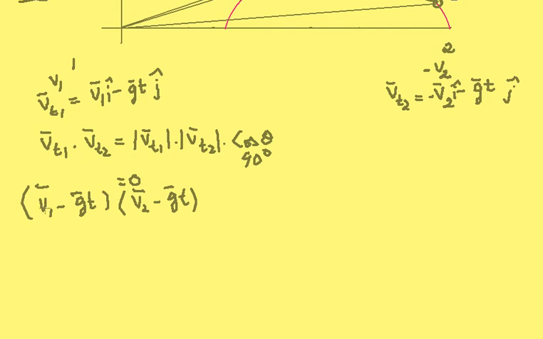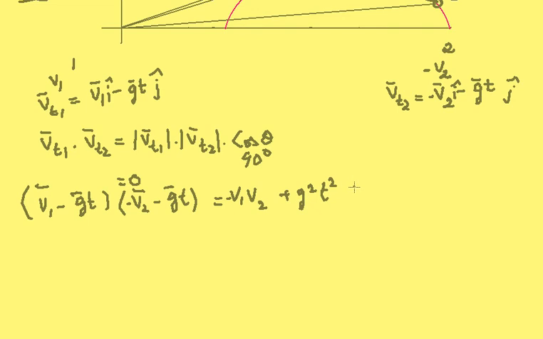So multiplying as per the cosine law, only the same directional cosines should be multiplied, because if I multiply non-equal directional cosines, the cosine of the angle between them is 0 and hence they would turn out to be 0. So this would be equal to minus v1 v2 plus g square t square.